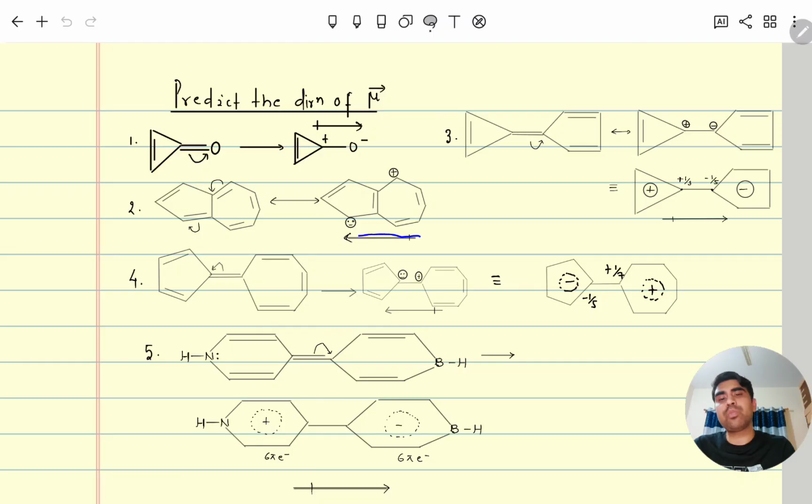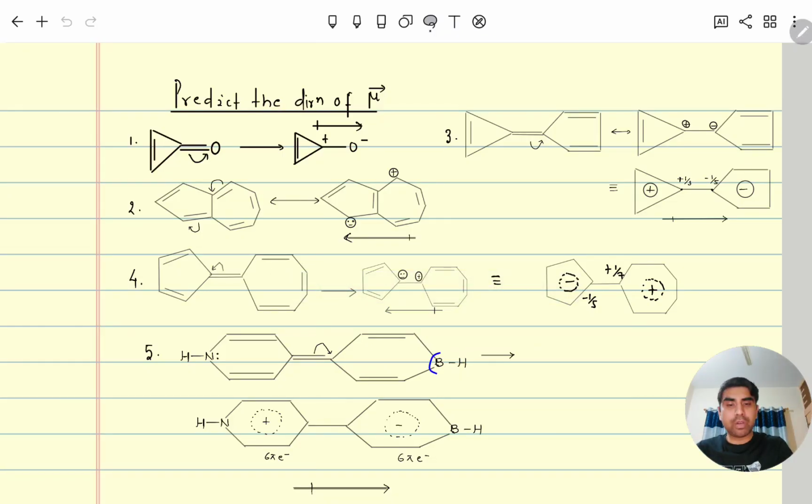So dipole moment is positive to negative. Similarly here, if you break like this bond, this will become anti-aromatic, so we will not do like that. If we are doing like this, here it also has 6 pi electron, here also 6 pi electron, both are aromatic, dipole moment will be positive to negative.